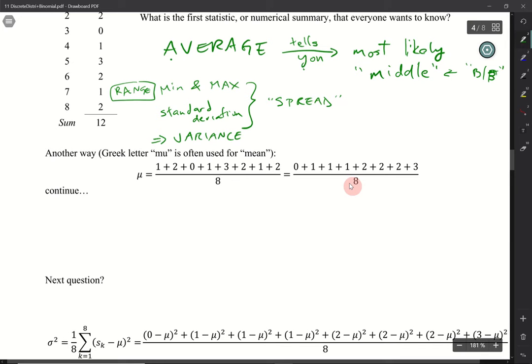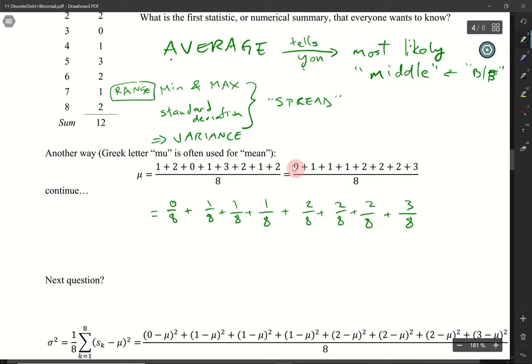So one thing we could do is say 0 over 8, plus 1 over 8, plus 1 over 8, plus 1 over 8 again, plus 2 over 8, plus 2 over 8, plus 2 over 8, and finally plus 3 over 8.